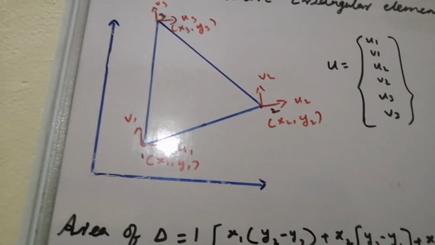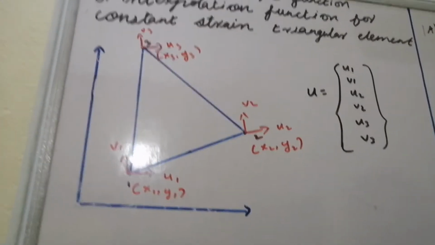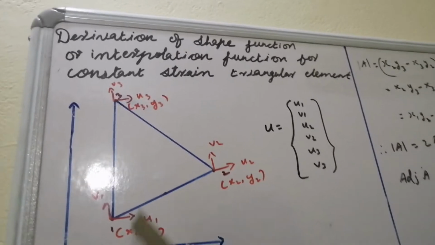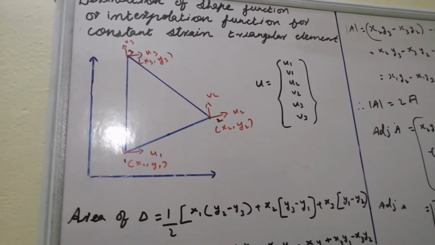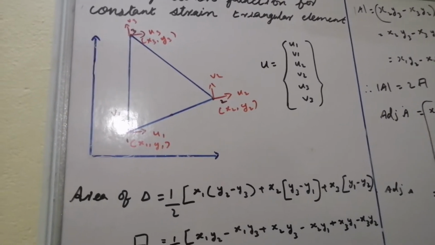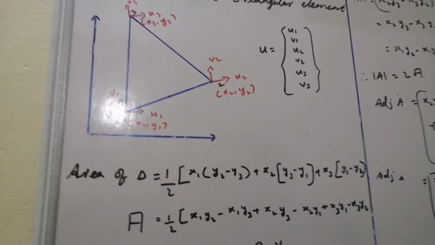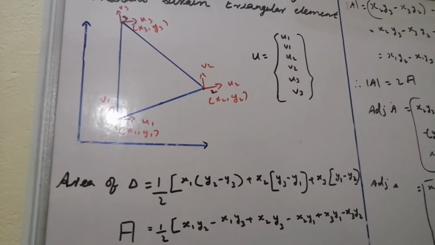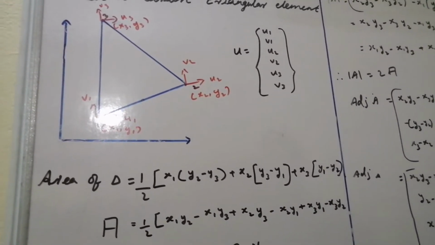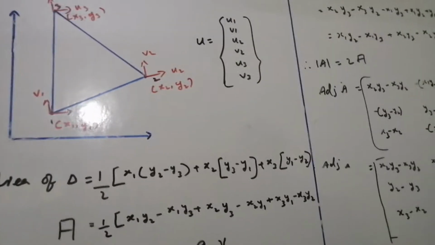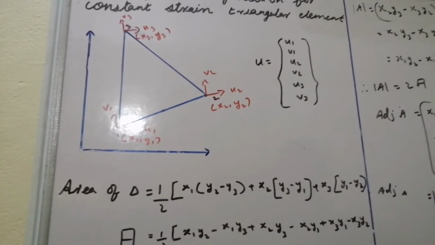As I already mentioned, constant strain triangular element has three nodes, and these are the nodes 1, 2 and 3. Since we are having three nodes, the displacement will be of 6. We have already studied in the previous class, that is in the fifth module, that each node will have 2 displacements.